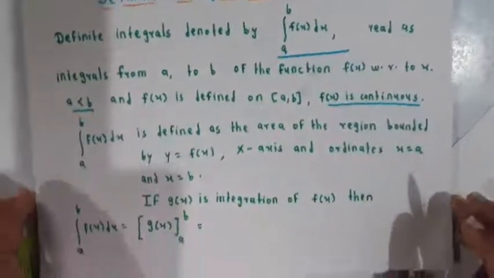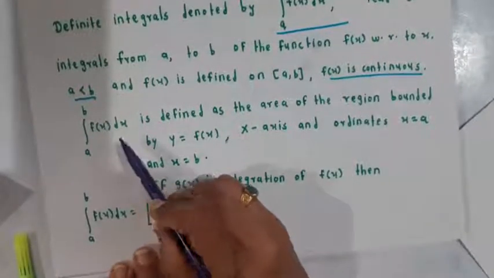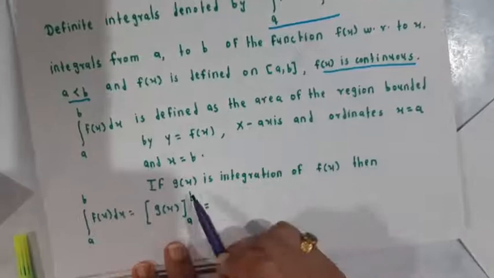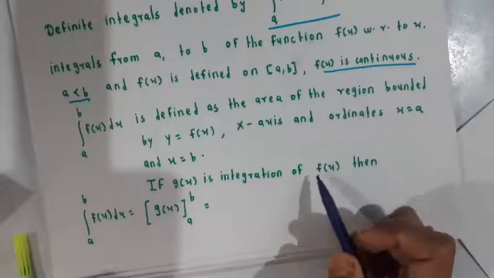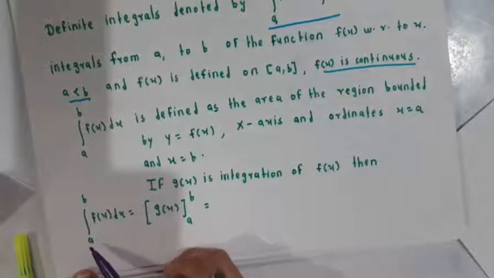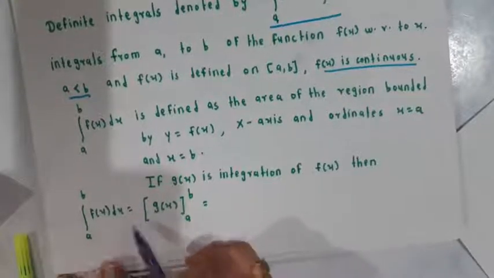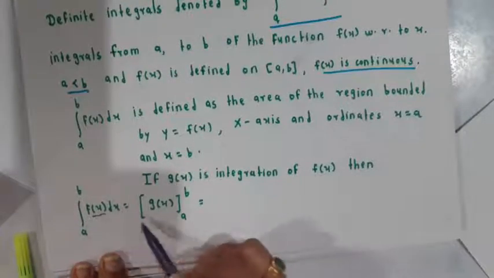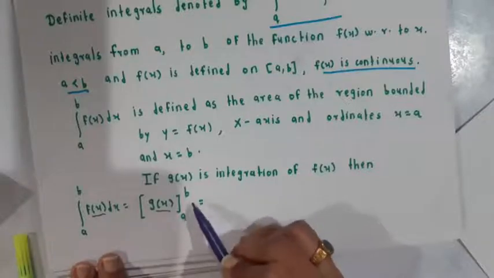Now suppose the integral of f of x dx equals g of x, that is, g of x is the integral of f of x. Then the integral of f of x with respect to x from a to b equals g of x with limits from a to b.